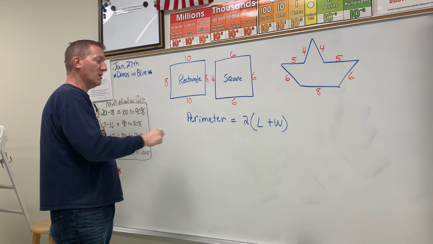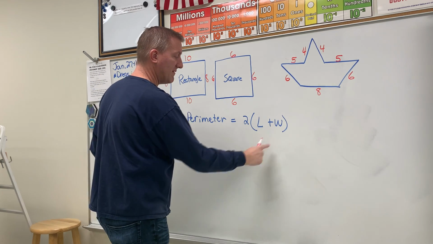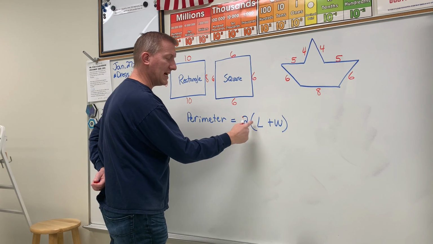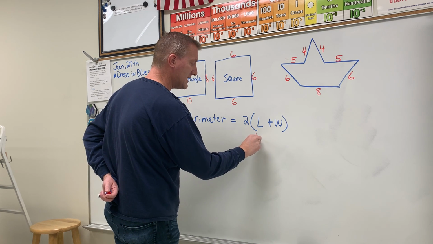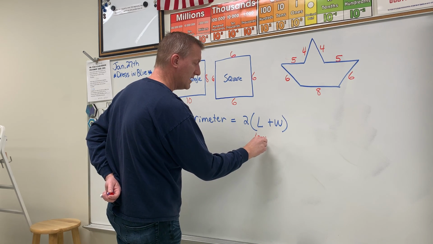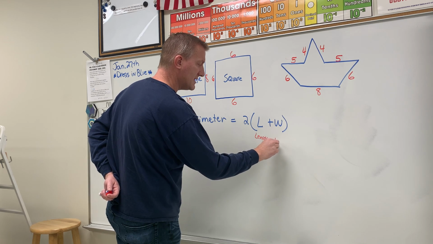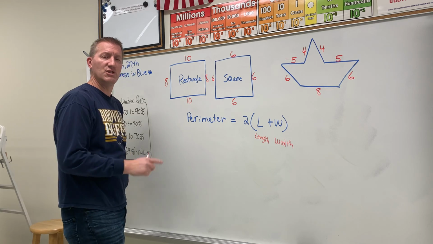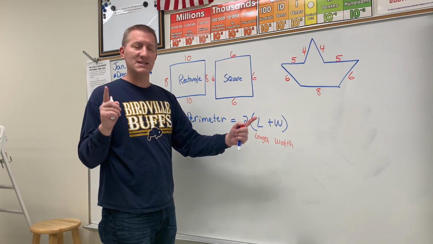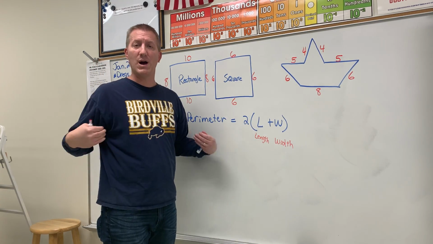To find perimeter, we have a formula. It's 2 times the length plus the width. So this stands for length, and this stands for width. The length is usually how long something is. The width is how wide it is.